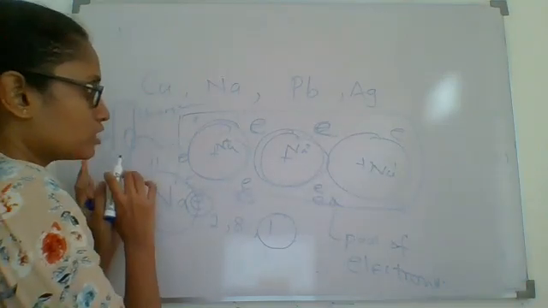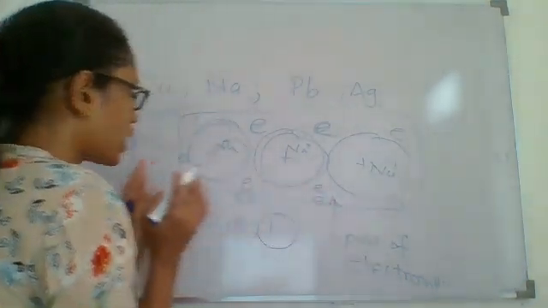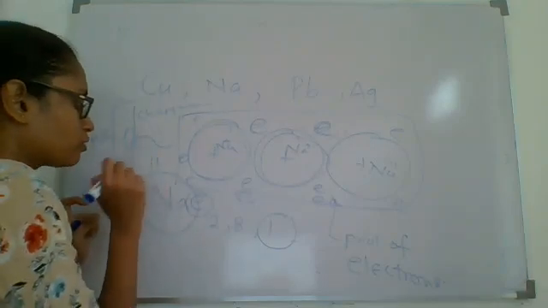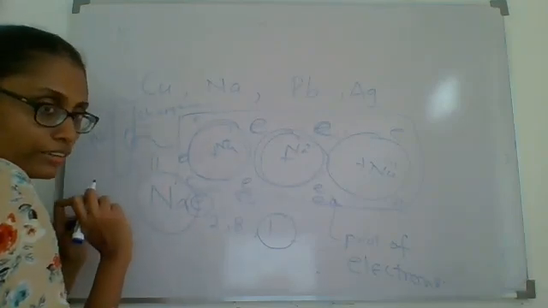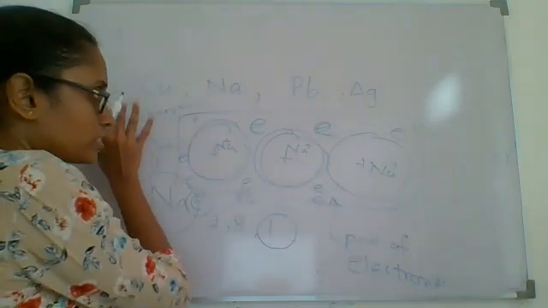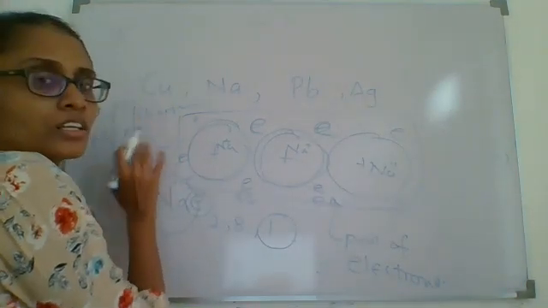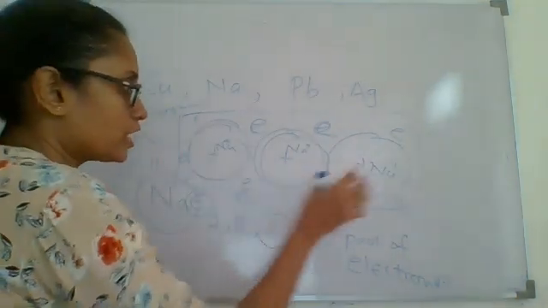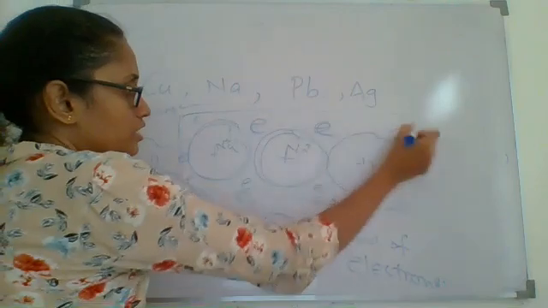So the charges mean the electrons. Either they can gain electrons or they can remove electrons, right? So what happens? Charges are high in this piece of PVC tube.